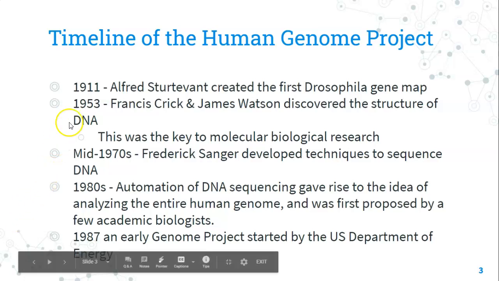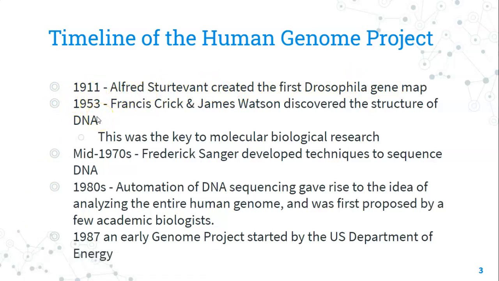We've talked about some of this before, right? So we've got our first gene map created, and then Francis Crick and James Watson did their whole DNA thing where they discovered the molecular structure of DNA. Then we got Sanger coming in with sequencing DNA, and then we're talking in the 80s.